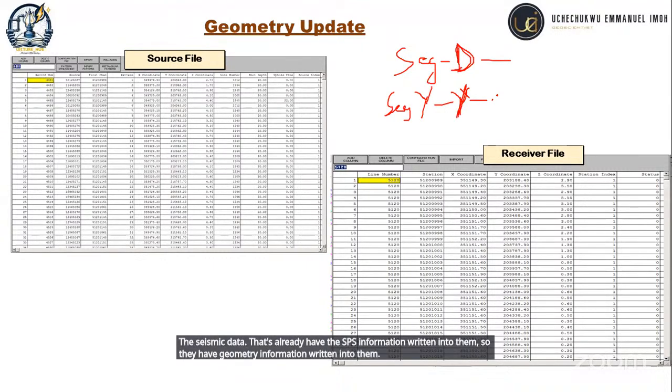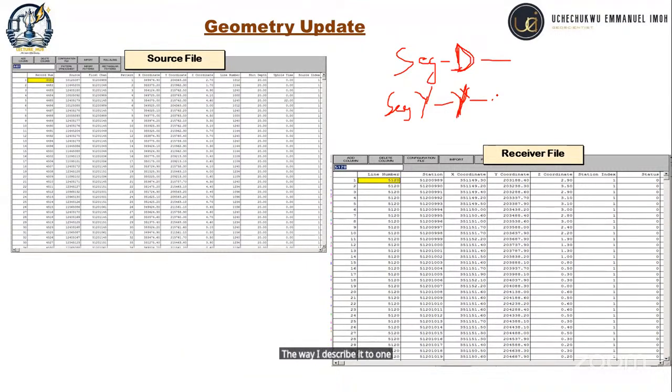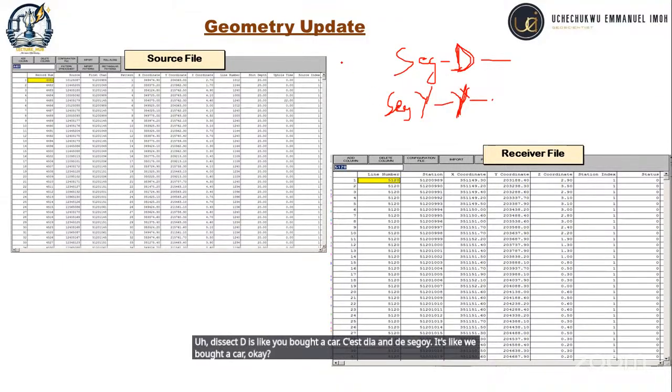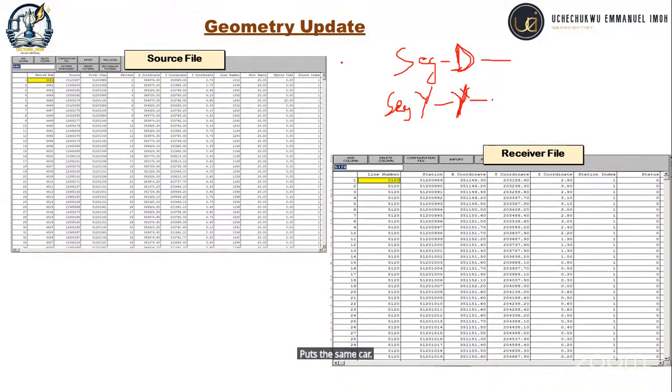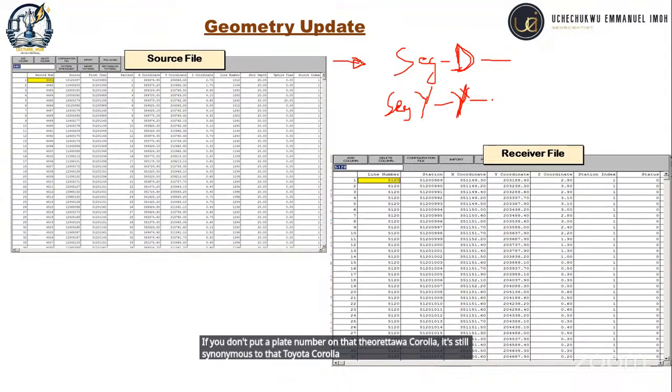The way I described it to one of my interns was that seg-D is like you bought a car, and seg-Y is like you bought a car, okay? Both the same car, made by the same company, the same year. So you have, let's say, a Toyota Corolla, the same Toyota Corolla. If you don't put a plate number on that Toyota Corolla, it's still synonymous to that Toyota Corolla being seg-D data.